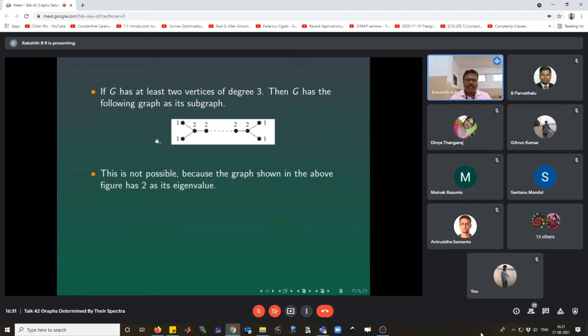Because we can see that this double star graph is co-spectral with the cycle C4 and a path. We can check that this graph is co-spectral with the cycle C4 and the path.